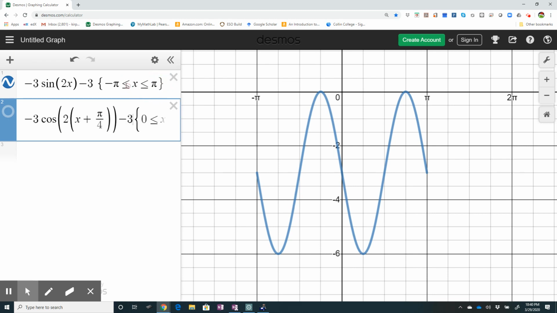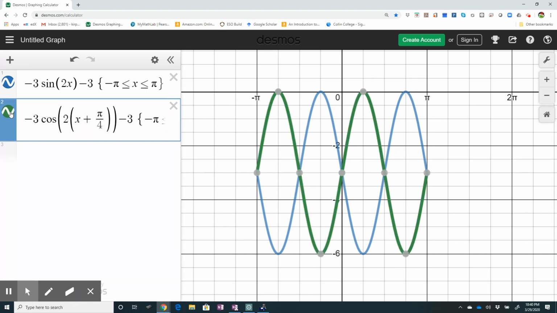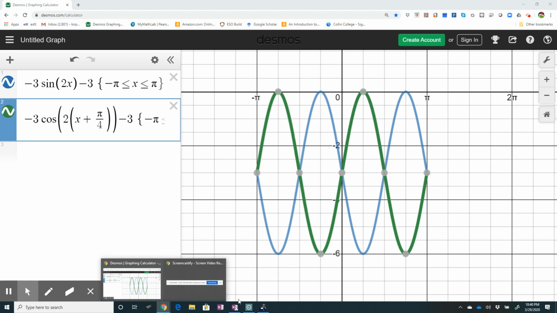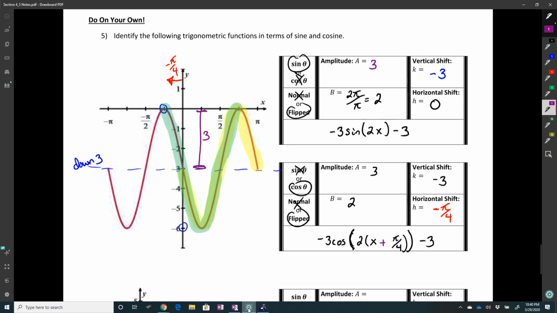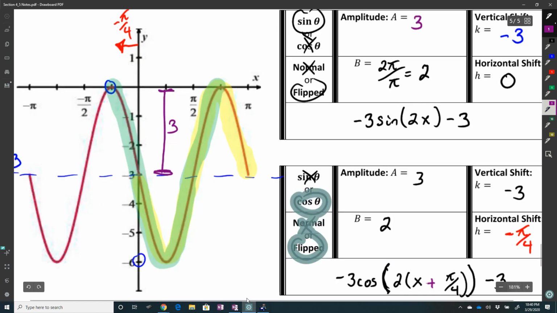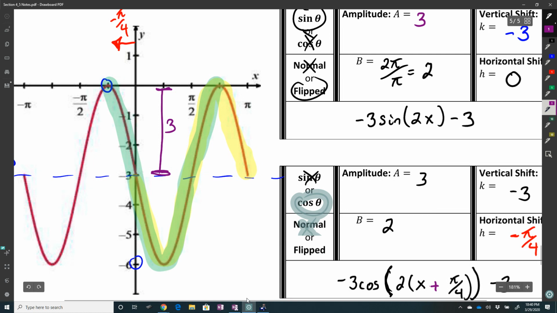Again, from negative pi to pi. And, oh, I screwed up. So that should have been a regular 3. Did I make it regular? Oh, see, it's a good thing Desmos is there. If you saw me make that mistake, then I apologize.